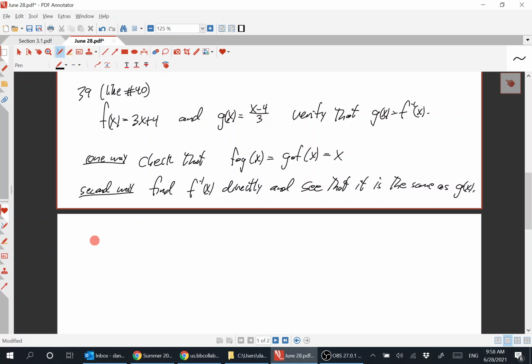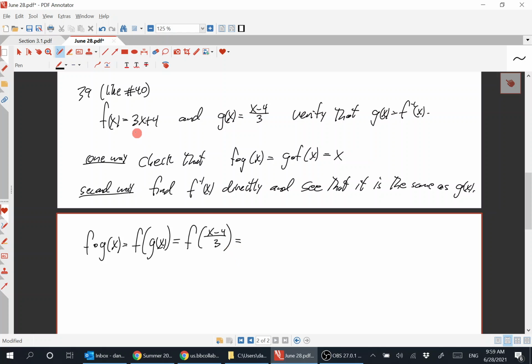All right, so let's do the first way. So f composed with g, f following g of x is by definition f of g of x. So that's f of, so g of x is x minus 4 over 3.